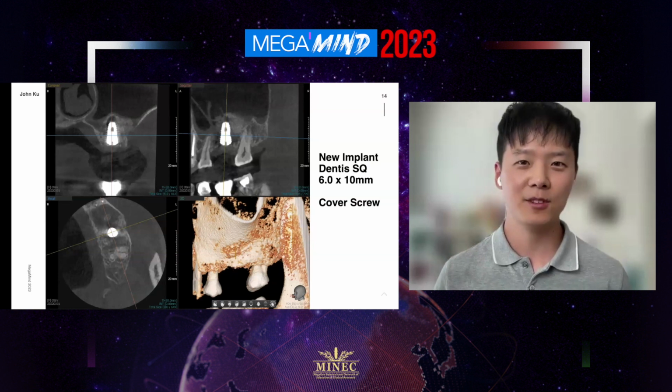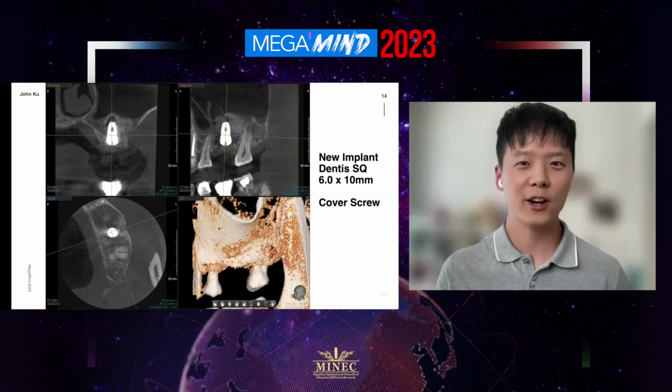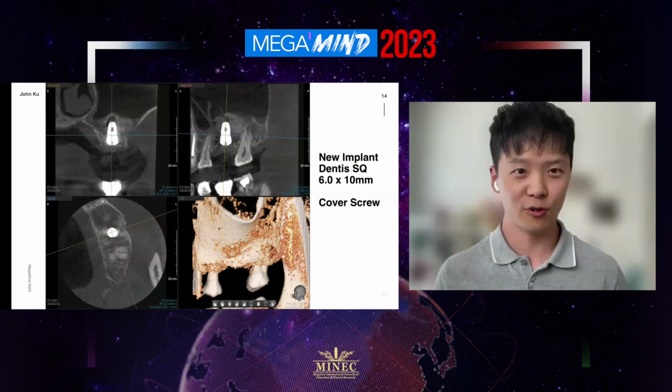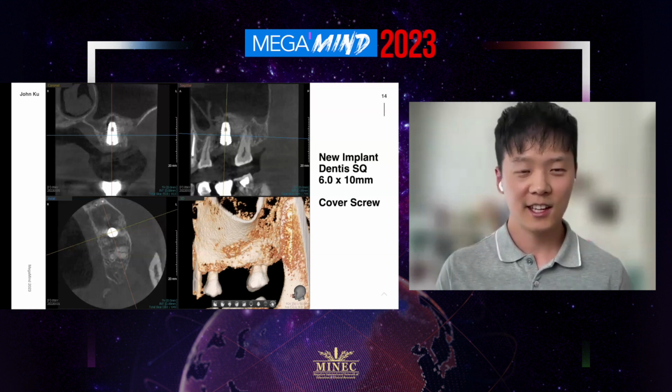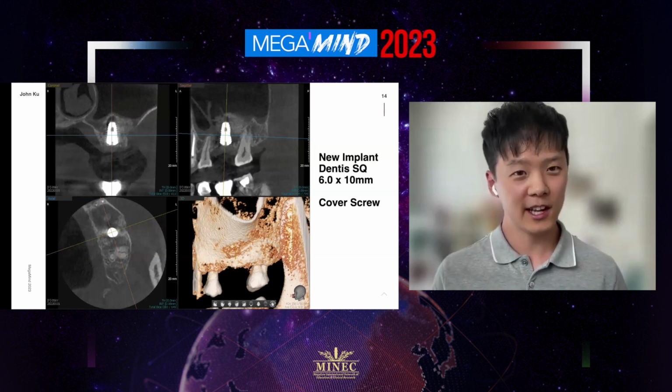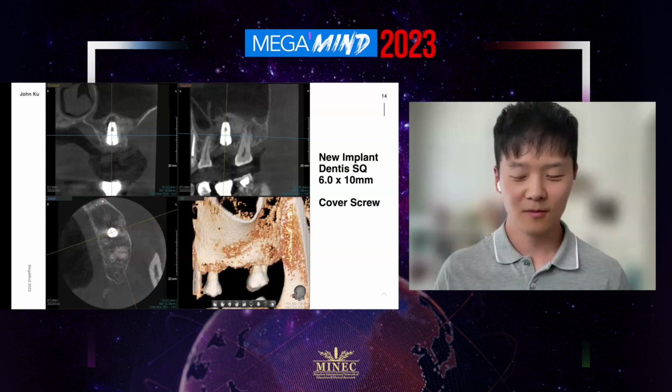On a second attempt, I carefully cleaned out the socket and placed a wider diameter implant with a cover screw, trying to minimize micro movement. This is the immediate post-op image following the second attempt. And the implant that I used was a Dentist SQ 6.0 by 10 millimeters.